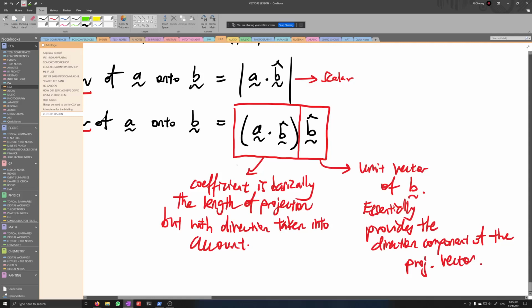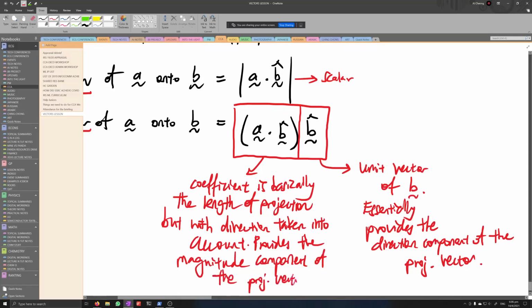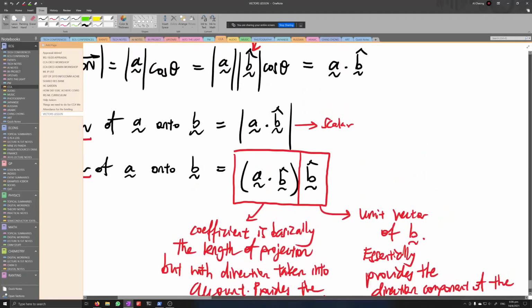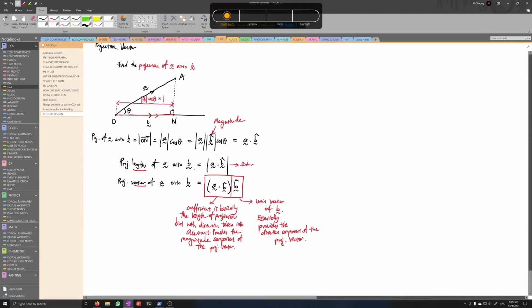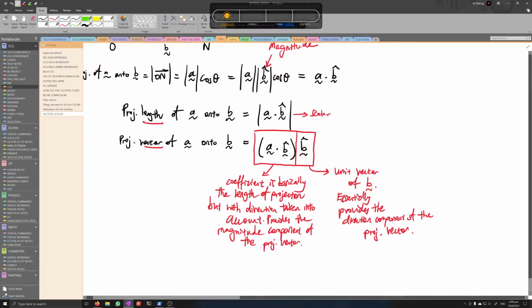That means the former part provides the magnitude component of the projection vector. Okay. So that's projection vector, done deal.